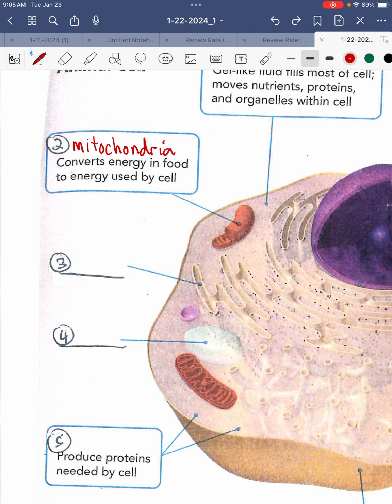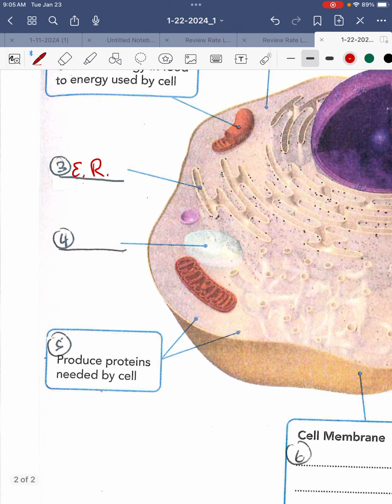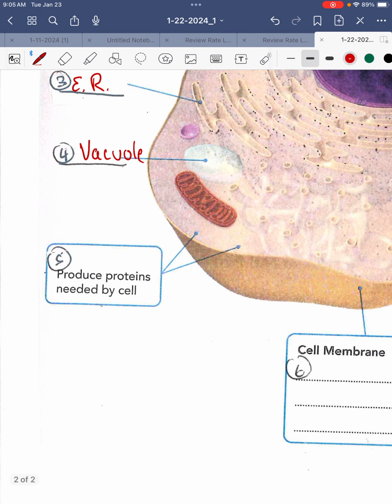Number 3, we are looking again at the endoplasmic reticulum. Can I abbreviate that ER for endoplasmic reticulum? Will you remember what that means? I hope so. Notice in number 4, another puddle, but it's not nearly as big as it is in the plant. But again, this is a vacuole full of water and other stuff.